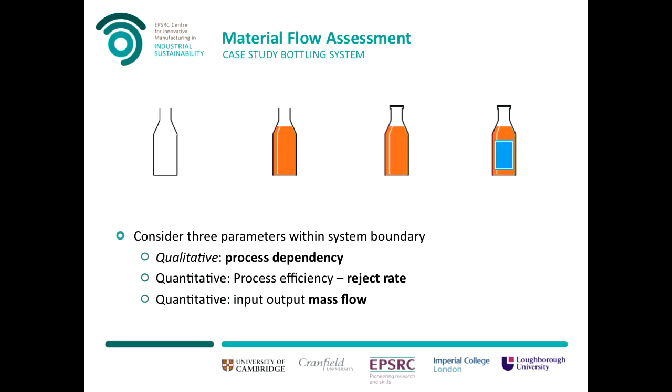So some of you may have seen this before. This is a quick case study to describe one of the ways that you could improve a manufacturing system, and this is a bottled drink manufacturing system. So we've got a number of bottling processes, and importantly, we've got three different parameters, one of which is qualitative, and that is the process dependency.